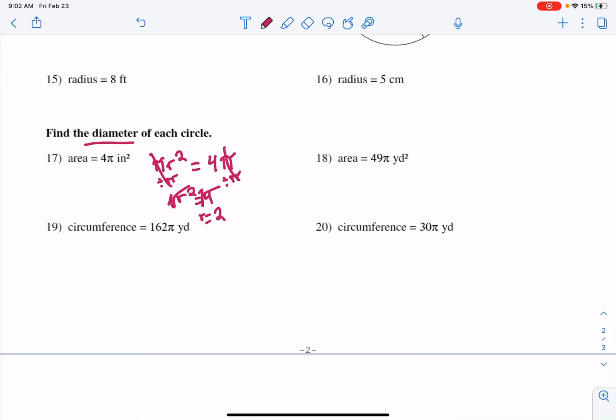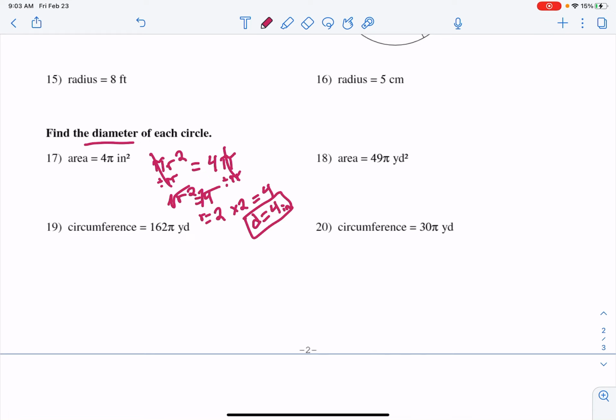Now remember, radius is half the circle, diameter is all the way across the circle. So before we are finished, we need to do our radius times 2 to get our diameter. So in this case, our diameter equals 4. For what? 4 inches. Don't forget to label.